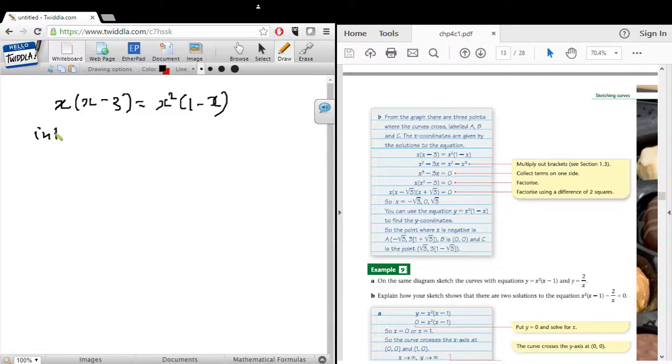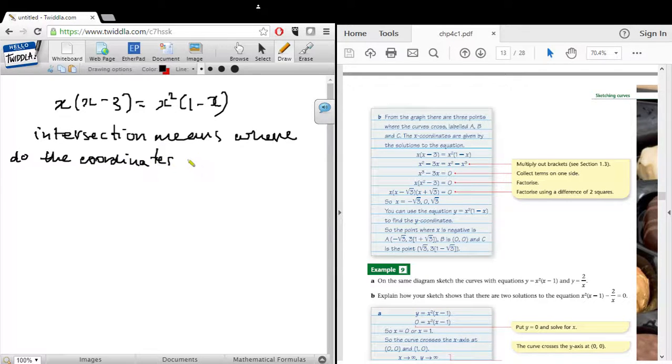So intersection, okay, means where do the coordinates meet such that they are identical.